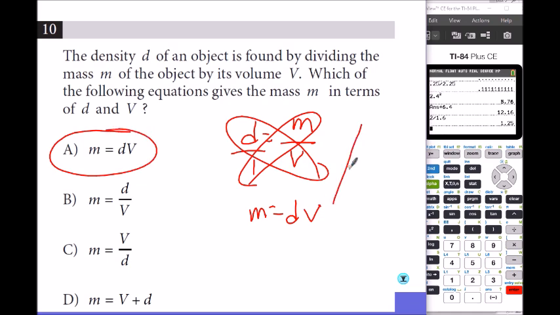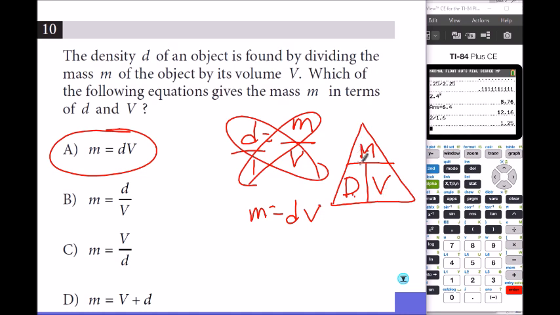And I don't know whether you remember this magic pyramid. You put m on top. It says density equals m divided by volume, right? So how I remember is I live in the state of Maryland, and there's DC, District of Columbia, and Virginia right next to us, or you can think of Delaware.